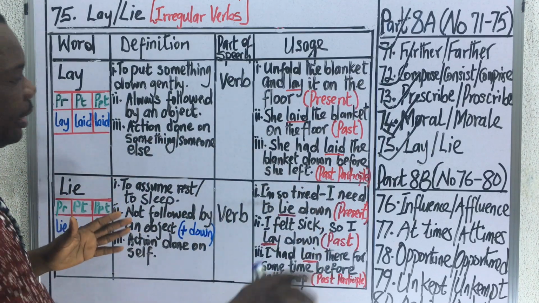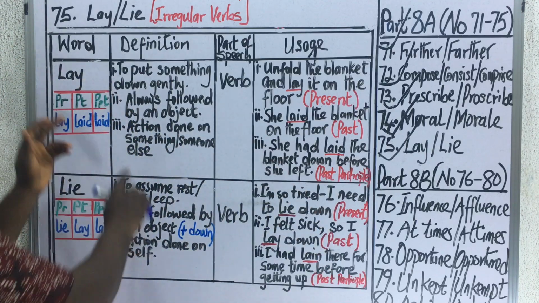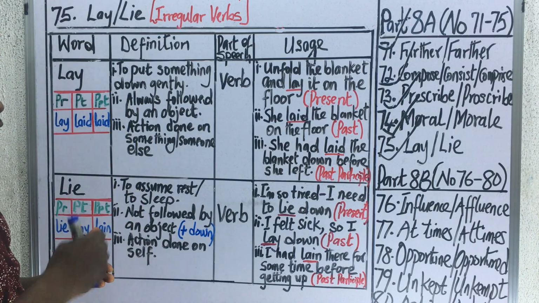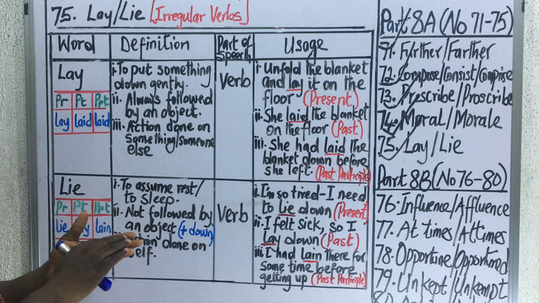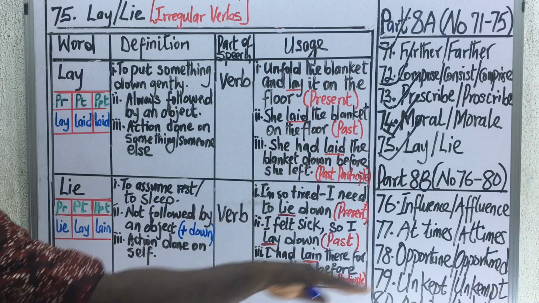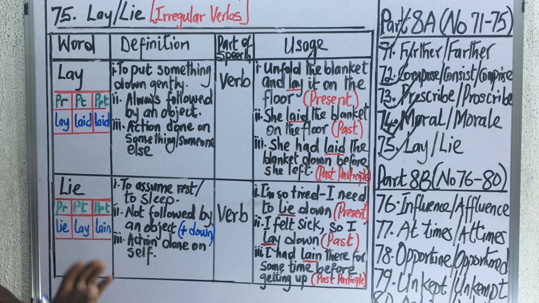One important thing that you must again understand about this word is that it is not an action that you do on yourself. It's an action that you do on something else or on someone else. So you can talk about laying a child down, that's correct.